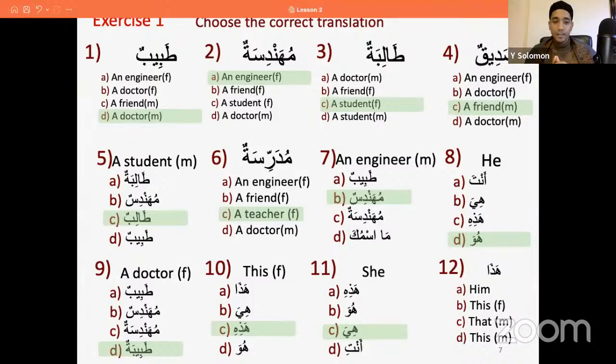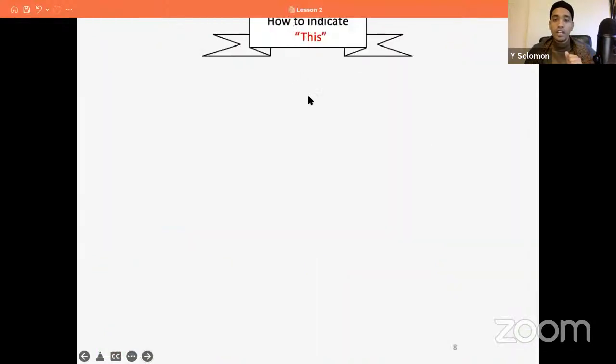Is it this male? Now, those who are falling for C, we got you over there. Generally good. For exercise 1, I think most of you got 100%. Some of you at least got 90%. Excellent. Let's look at this one.